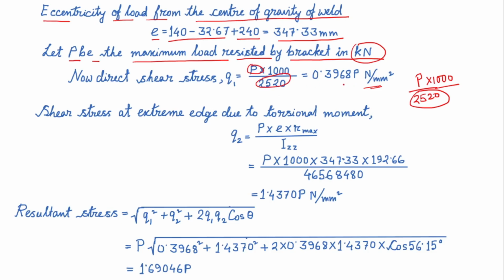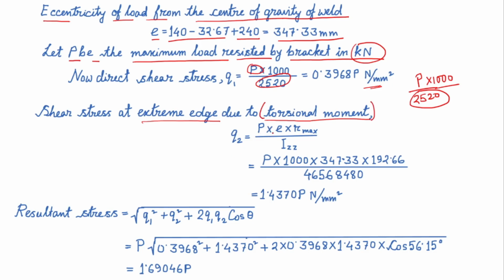Next, shear stress at the extreme edge due to torsional moment. Why will we get the torsional moment? Because of the eccentricity, as the load P is acting away from the CG line of the weld. Due to this eccentricity the torsional moment will occur. So Q2 we have to calculate.